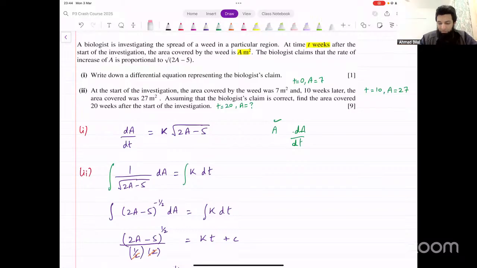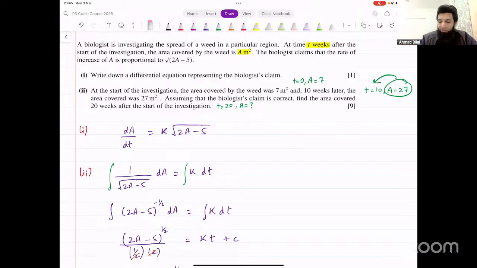So what if we put a in it, and then again another equation? We have two values of a, right? But they are at specific points. A is 7 when t is equal to 0, and a is 27 when t is equal to 10. Oh, okay.